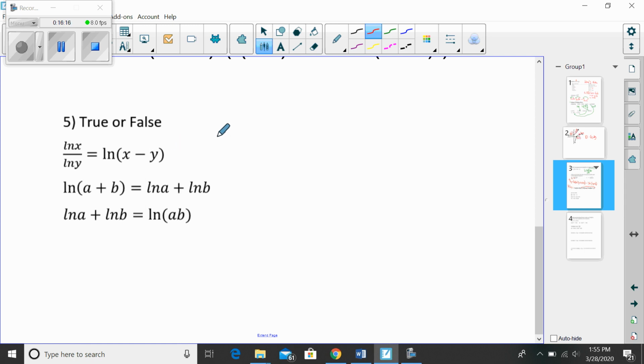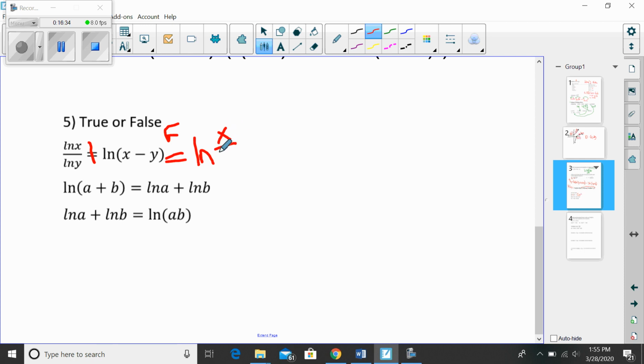Okay, so for this first expression, this is incorrect, this is false. This is not equals, but this would be equal to natural log of x over y.